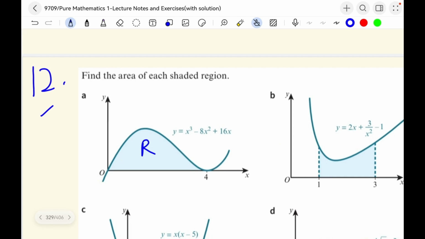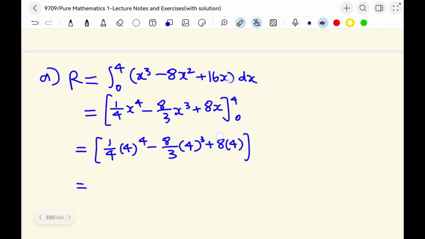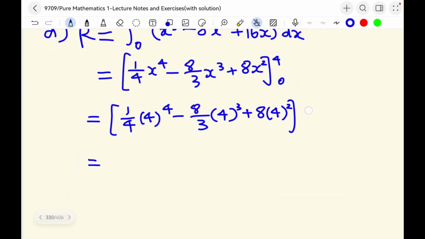It starts from 0 to 4, and the function we tend to integrate is this function, right? 64 over 3. Oh, my bad. This should be the square. Guys, sorry about that.